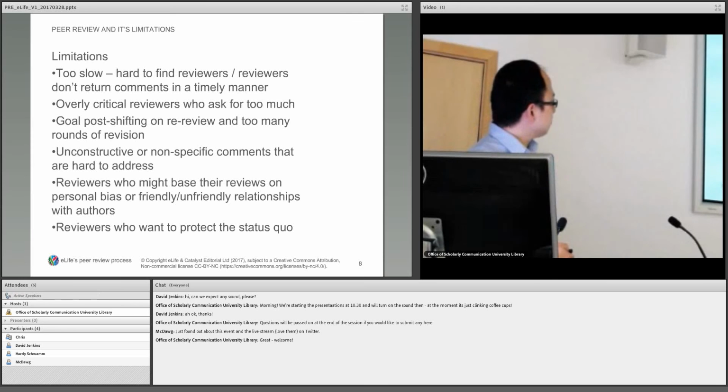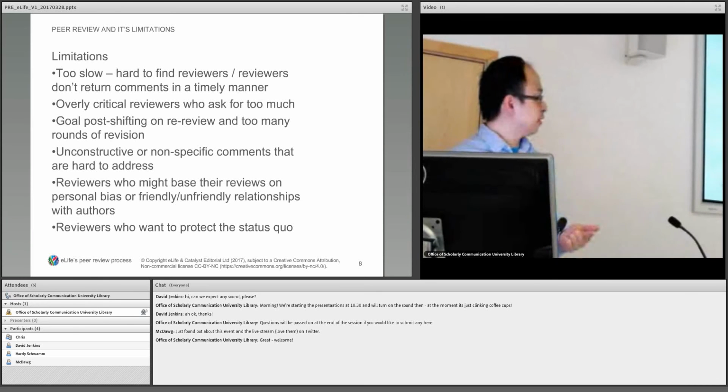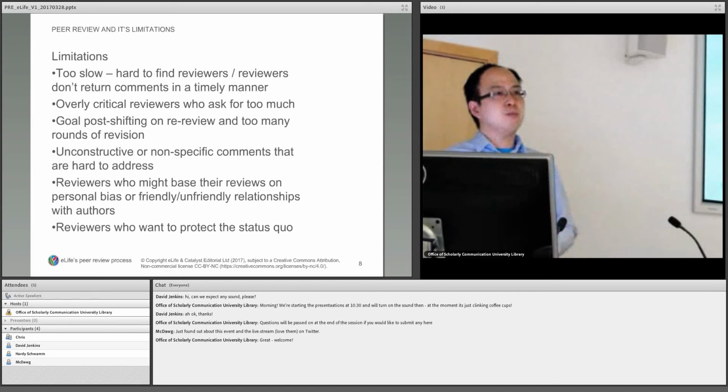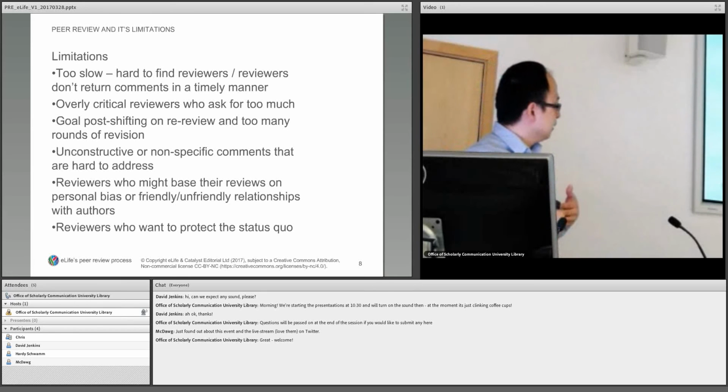Also, peer reviewers may ask for too much, be overcritical, and ask for additional revisions that are way outside of what would be necessary for the paper to be accepted. There may also be an element of bias in the peer review process. And reviewers may not want to change the status quo; they may be reluctant to progress new ideas.